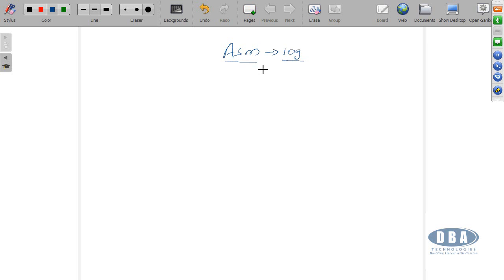ASM is providing storage solutions, very important. Most of the production environments now use ASM. ASM is a very powerful tool in managing the storage.